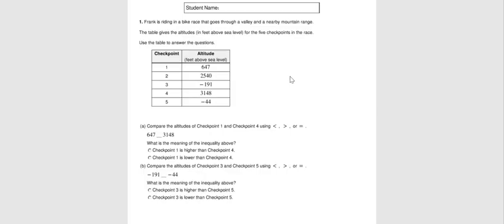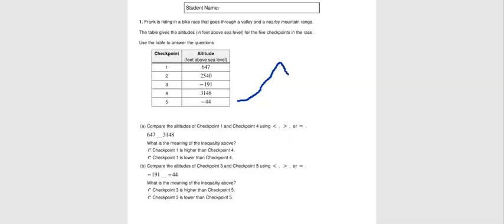So here we go. Frank is riding in a bike race that goes through a valley and a nearby mountain range. The table gives the altitude in feet above sea level for the 5 checkpoints in the race. Basically, if you have a starting point here, you're going to go up to about 647 feet, then quite a ways up to 2,540.